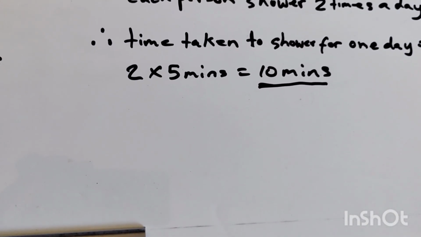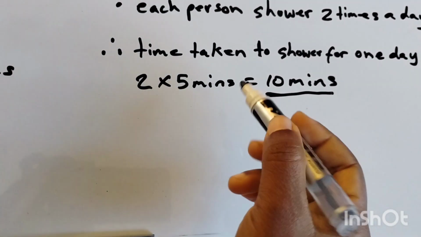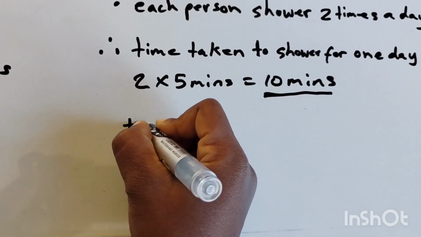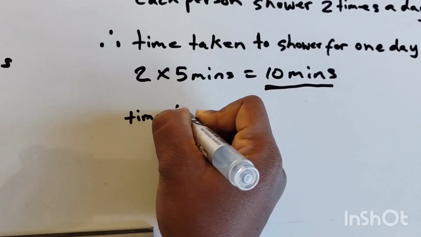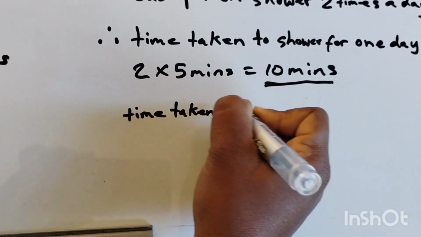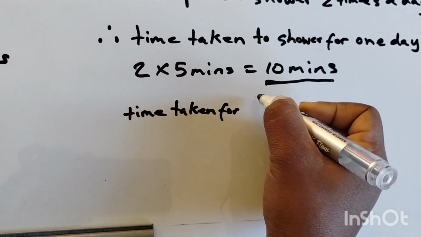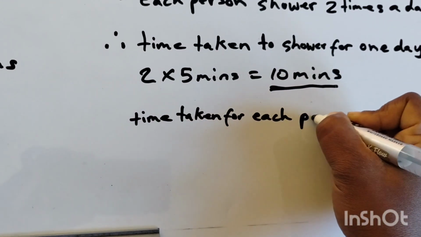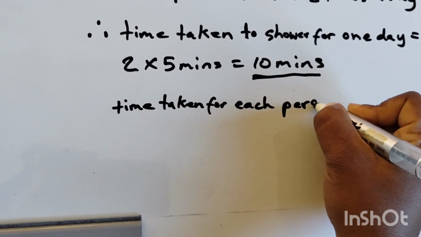So if there are 7 days within a week, and we know that each person is able to shower 10 minutes for a day, how would you go about calculating how many minutes they would take to shower for the week? Think about it. I'll give you some minutes.